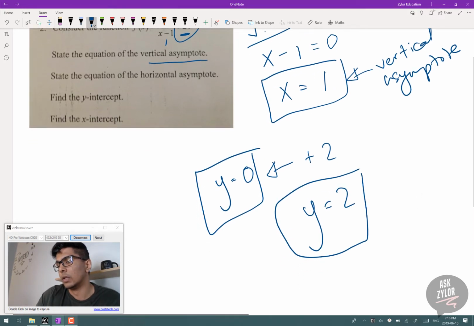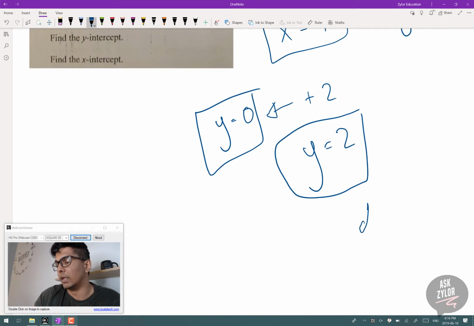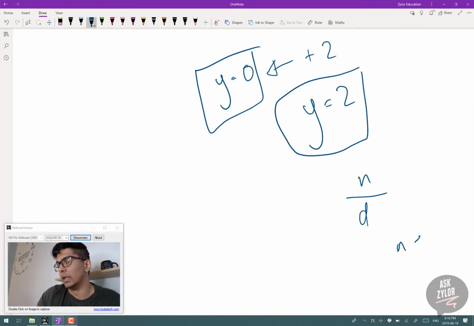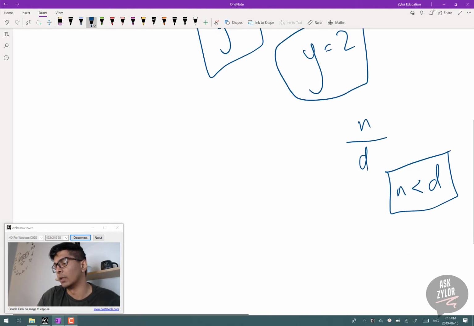So just to recap, if your degree in the numerator is less than the degree in the denominator, that tells me that I have a horizontal asymptote at y is equal to 0.